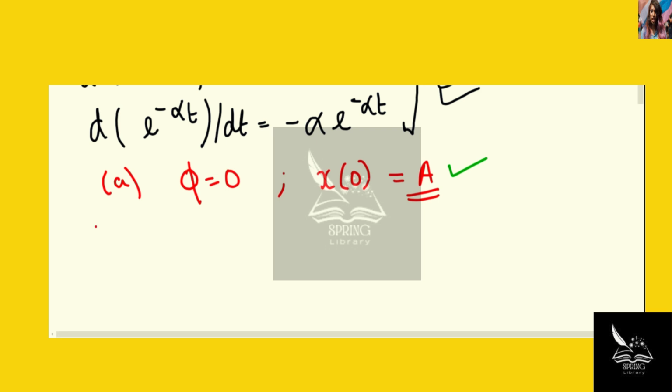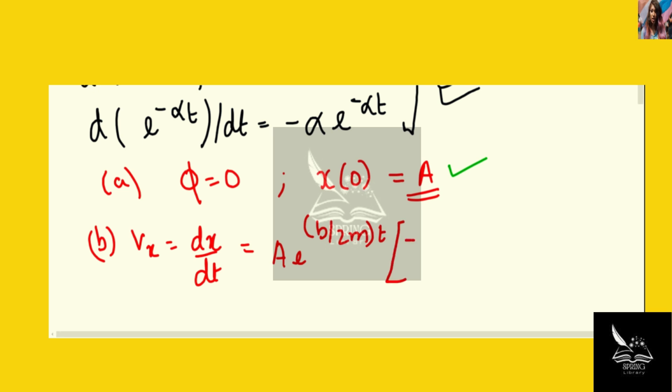B part. We know v_x equals dx upon dt, right? So that is equal to A e raised to minus b upon 2m into t, into minus b upon 2m cos omega dash t minus omega dash sine omega dash t.